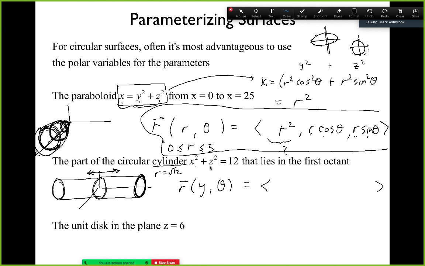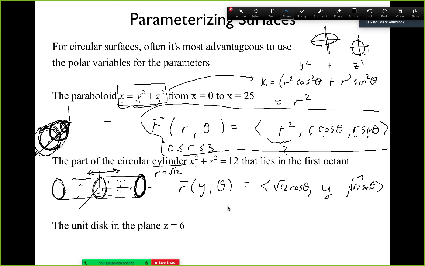So then x and z get square root of 12: radical 12 cosine theta for x and radical 12 sine theta for z, so that x squared plus z squared equals 12. And then y. That will give us every point on that surface. Theta gives us every point around a circle. Y gives us all the circles.